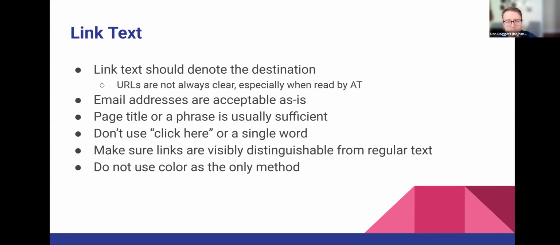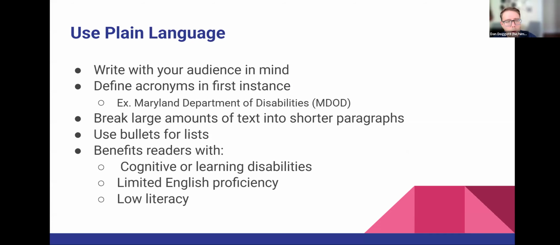Okay, moving on. This is something that we're talking about more and more here at the state, and it's important for us to include in all of our communications, not just newsletters and emails, and that's plain language. We want to use plain language whenever we're speaking with the public.